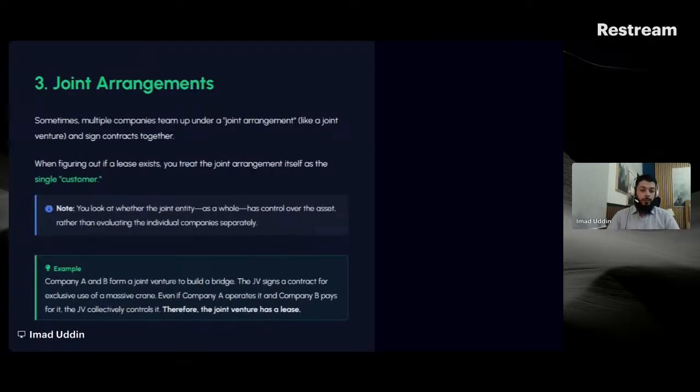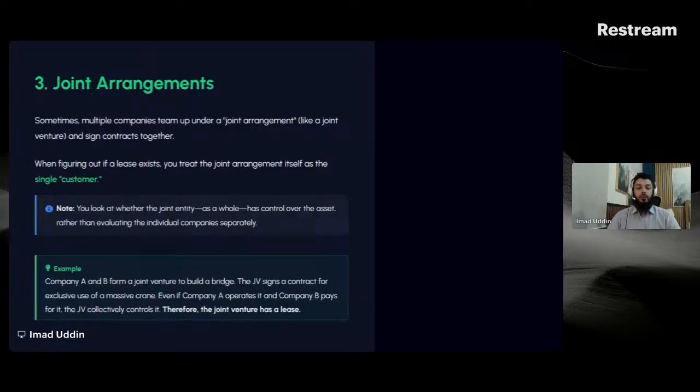Let's talk about joint arrangements. Under joint arrangements, multiple companies team up, and so they may sign a contract together. When figuring out if a lease exists, you treat the joint arrangement itself as a single contract.